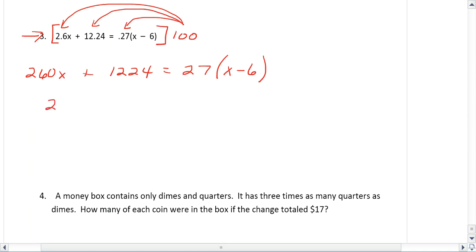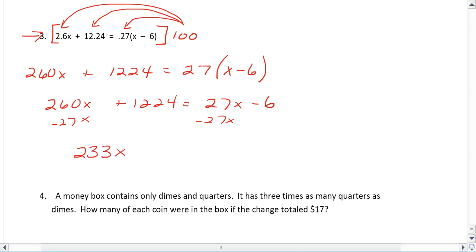Of course, the first step here now is distribution. And we want to get our x's on one side, so I'm going to subtract a 27x from both sides. And if I subtracted that correctly, I got 233x. And then I'm going to subtract a 1,224 from both sides.